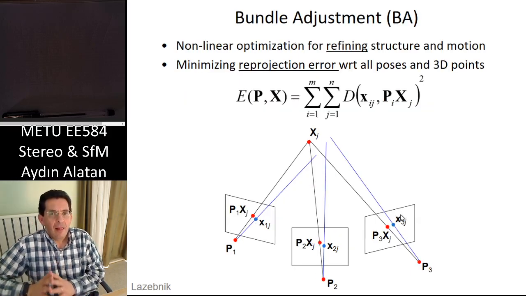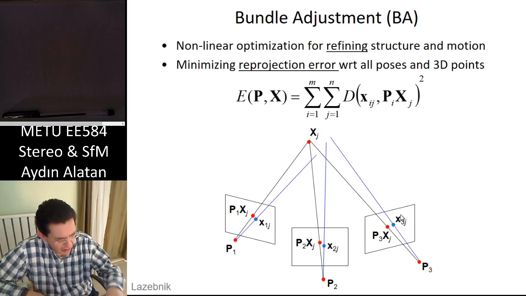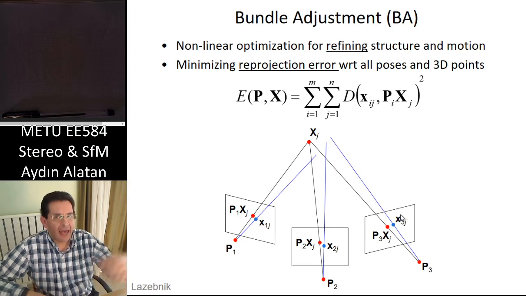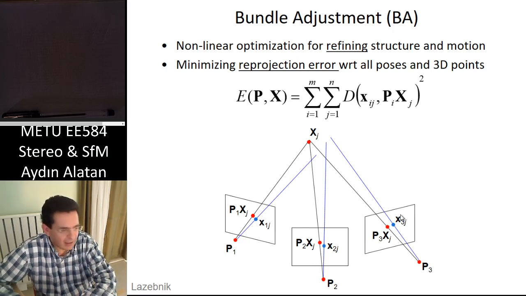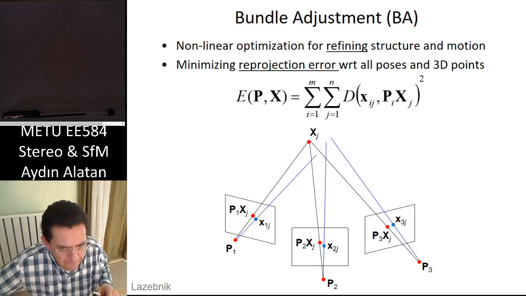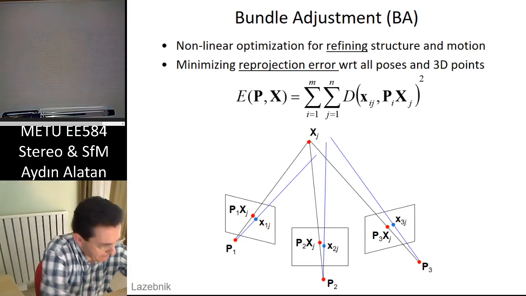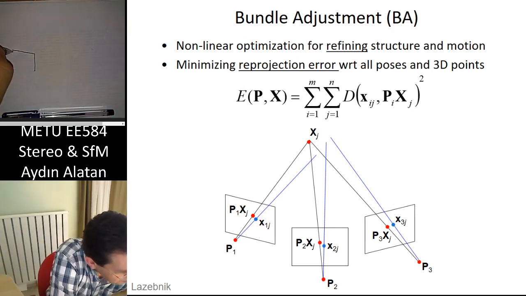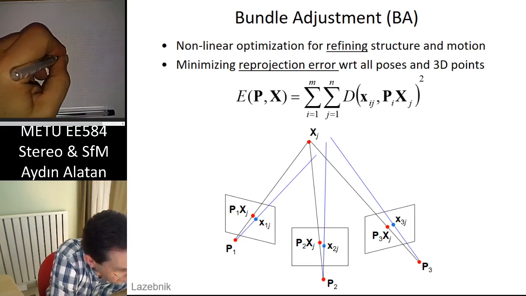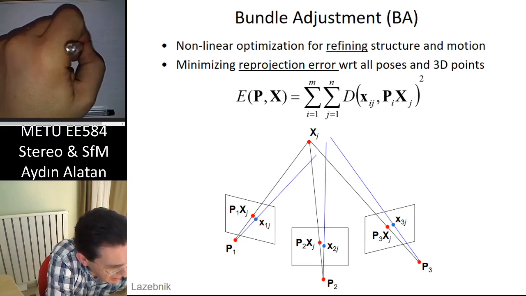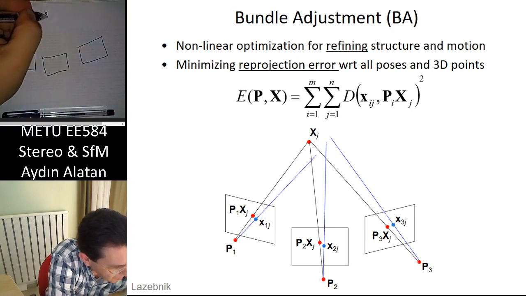Now, I'm going to explain shortly a final algorithm to do it. But let's assume using pair by pair, I obtain P1, P2, P3. I also obtain X1, X2, X3. So what I'm saying is this: I have these things here, point 1, point 2, point 3.